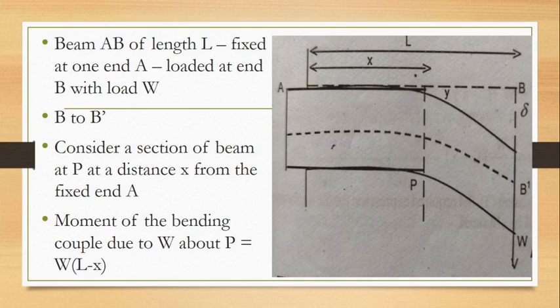Here the force is the weight loaded, so W into the perpendicular distance to the section P. We know that the entire length is L and P is at a distance X from A. So the remaining part PB is equal to L minus X. So the moment of the bending couple is W into L minus X.